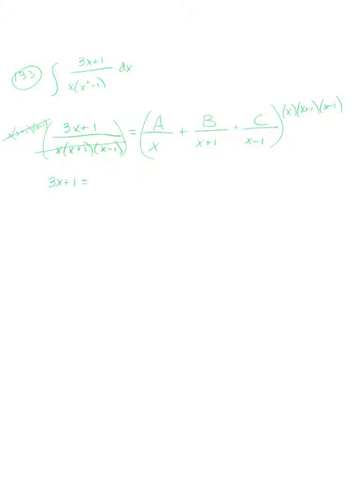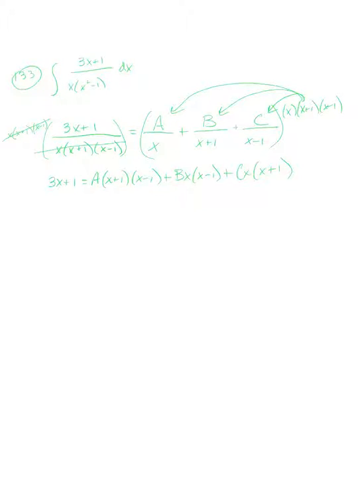And on the right, when I distribute to the a fraction, the x's cancel, so I have a times x plus 1 times x minus 1. And then distribute to the b fraction, and the x plus 1 cancels, so I have bx times x minus 1. And then distribute to the c fraction, so I have cx times x plus 1.